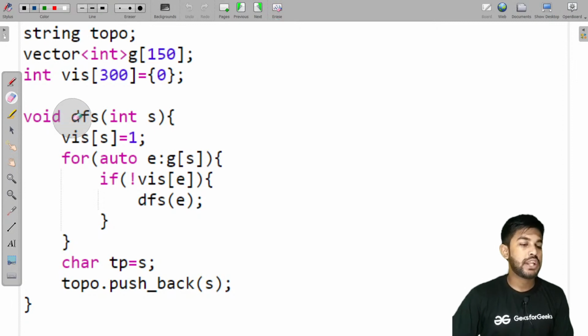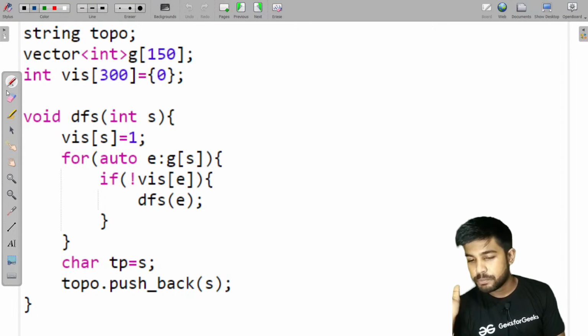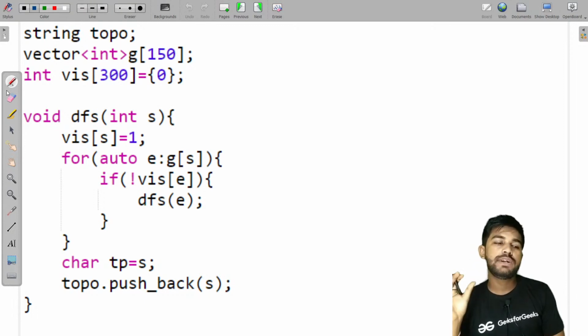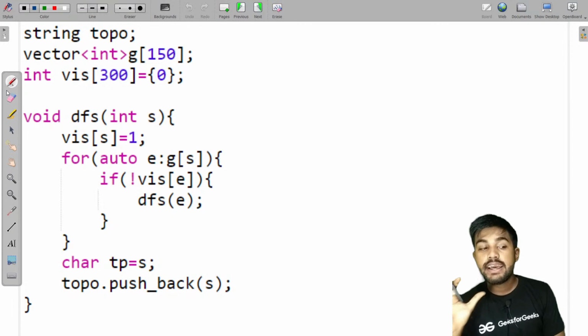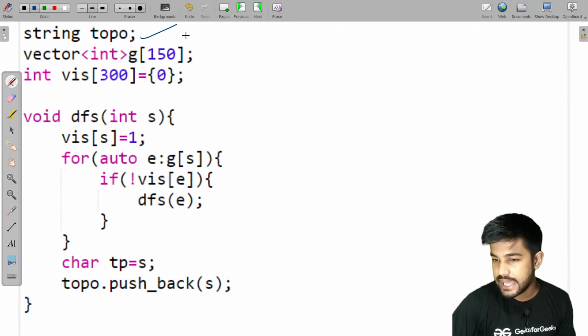Okay. So now we are doing the DFS. I am a very big fan of declaring everything in the global space so that I don't need to pass everything in the function again and again. Okay. So I have declared a global topo which would tell me the answer.